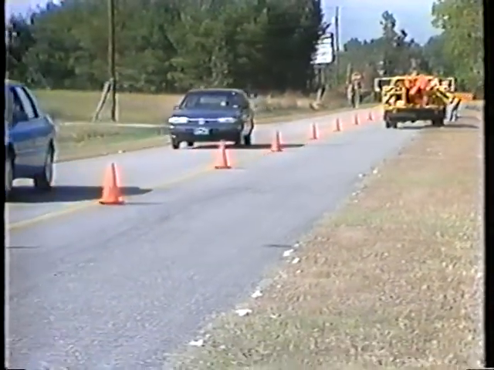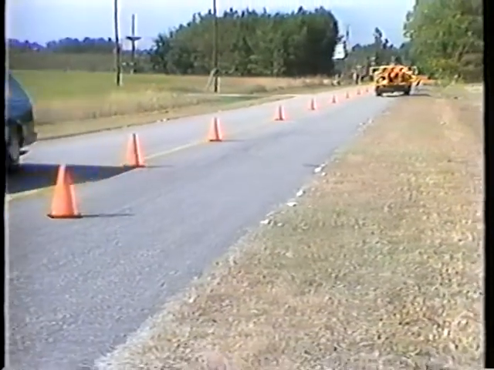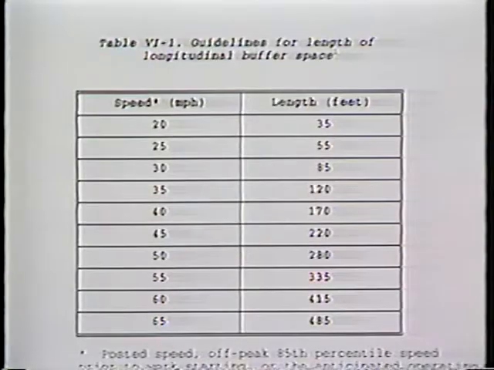The length of the longitudinal buffer space is based on the stopping distance for the speed being considered. Table 6-1 of the Manual on Uniform Traffic Control Devices provides guidelines for the length of buffer spaces for various speeds. It is measured from the end of the transition area to the beginning of the workspace.